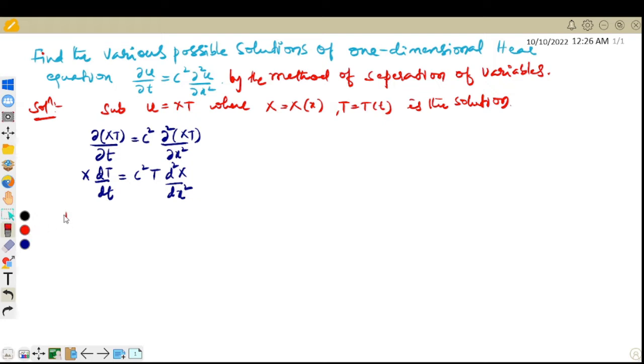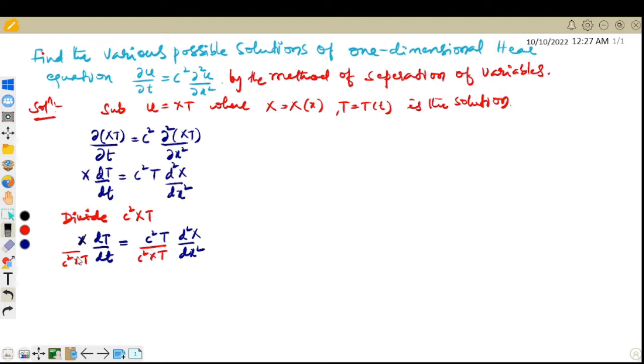Next, divide both sides by c square XT. What will we get by dividing? X into dT by dt is equal to c square T into d square X by dx square. You divide by c square XT. So what will happen?